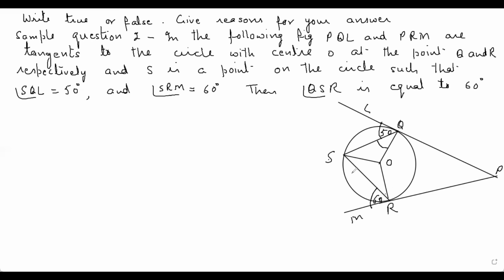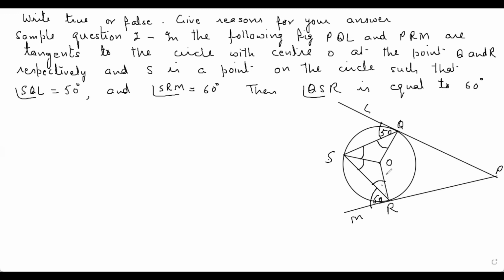If SRM is 60 degrees, this angle is equal to 30 degrees. Now, if this is 30 degrees, then this angle will be 30 degrees. Similarly, if this is 40 degrees, this angle will be 40 degrees.